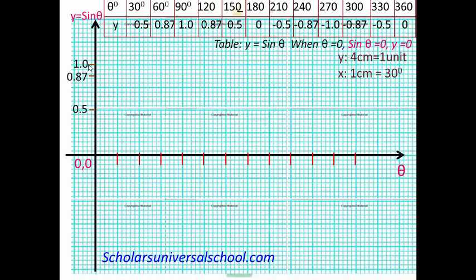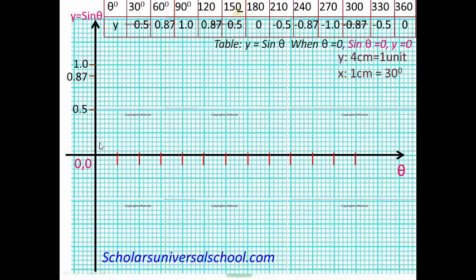And then when we have 4 centimeters, you know that 5 small boxes make 1 centimeter. Therefore, we will have up to 20 small boxes. If you count all these small boxes, 1, 2, 3, 4, 5, 6, 7, 8, 9, 10. So 10 up to 0.5, and you have another 10 up to 1 from 0.5.